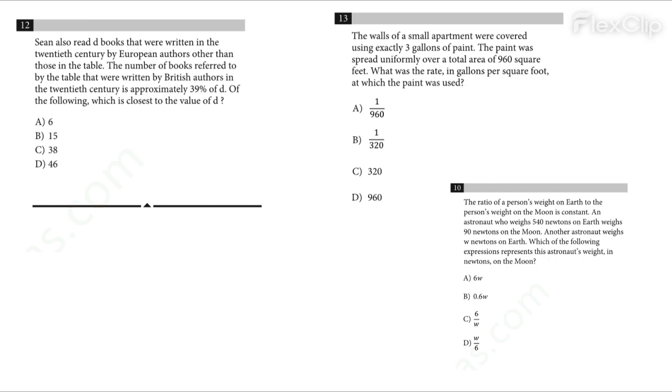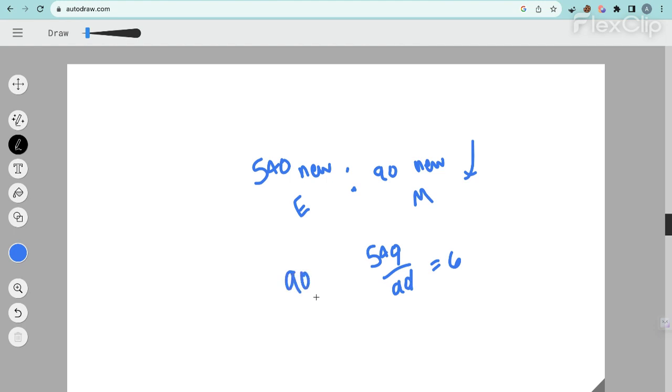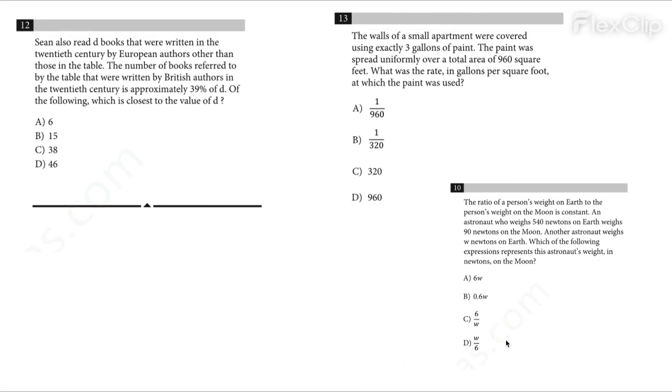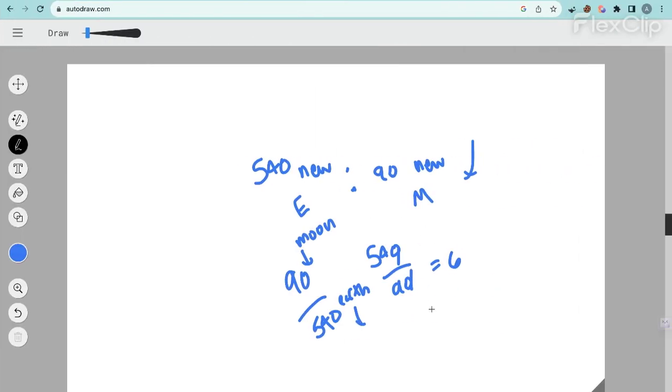So the ratio would be 90 over 540, because the question is asking how much you weigh on the moon compared to the Earth. It would be 1 over 6.